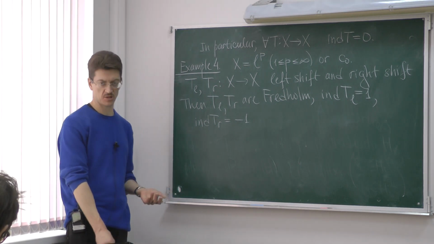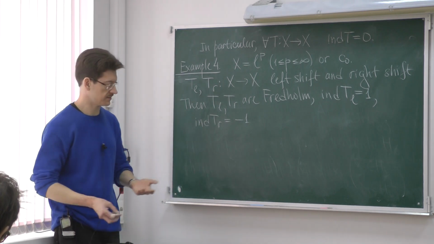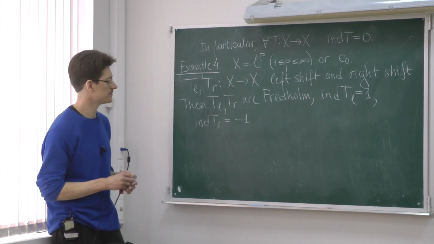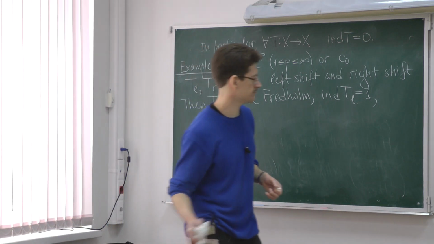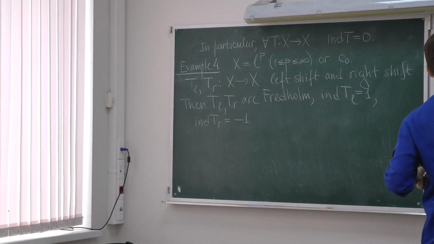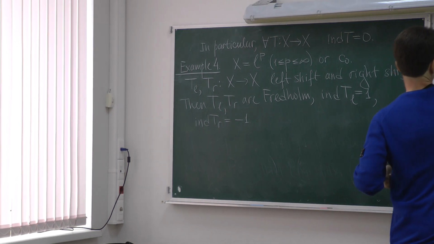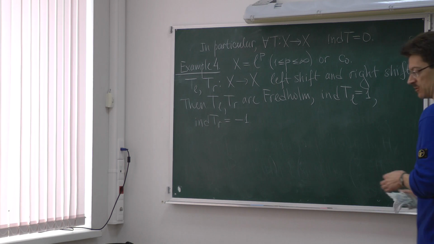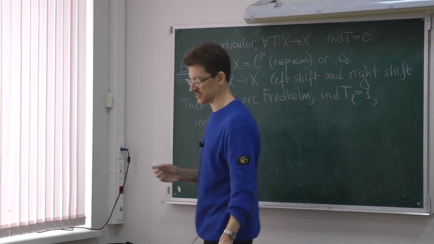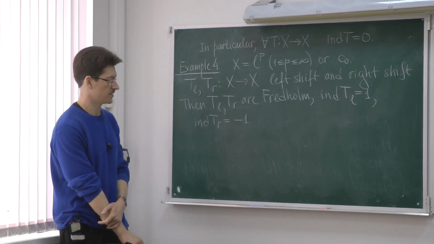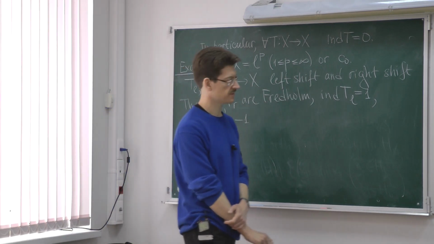So the codimension of the image is 1, that is, the dimension of the cokernel is 1, and so the index is -1. Some more examples of Fredholm operators will be given in the next exercise sheets, and more advanced examples of Fredholm operators will be discussed at the lectures.